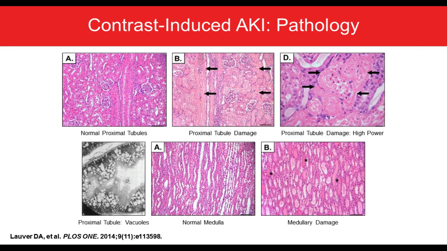And then in the bottom, the panels A and B are showing the normal medulla, where you do not see glomerulus, just the loop of Henle, like thin tubules, very beautiful on panel A. But on panel B, you see there is cellular swelling and eosinophilic debris in the tubules from cell damage causing obstruction. So that's what happens when somebody gets contrast. This is not the human pathology. This is all from the rat studies.